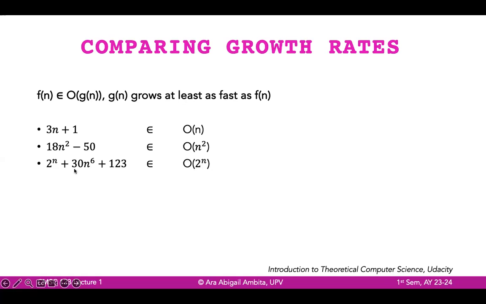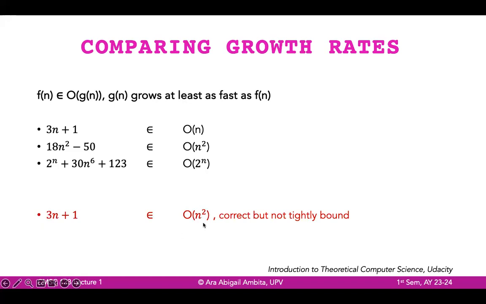So why is it 2 raised to n even if we have n raised to 6 here? As we said, we will only focus on the part where it grows the most. So we will remove all the lower order terms, like 30 n raised to 6 plus 123, and we will be left with 2 raised to n.